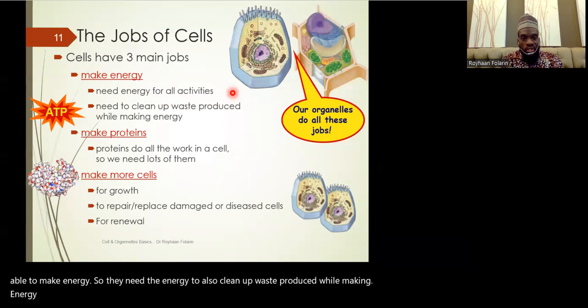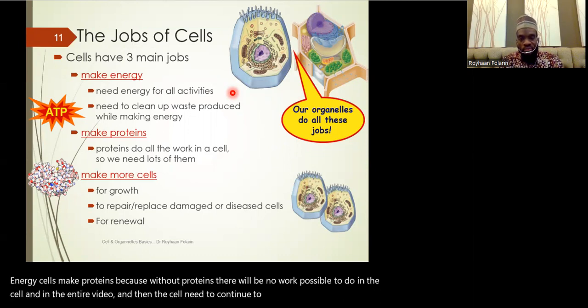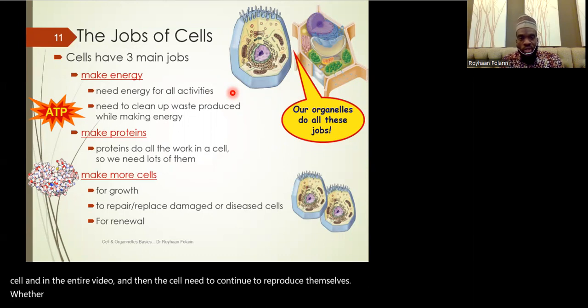The cells make proteins because without proteins, there will be no work possible in the cell and in the entire body. And then the cells need to continue to reproduce themselves, whether at times of injury or for the purpose of growing from a small individual to a larger individual.